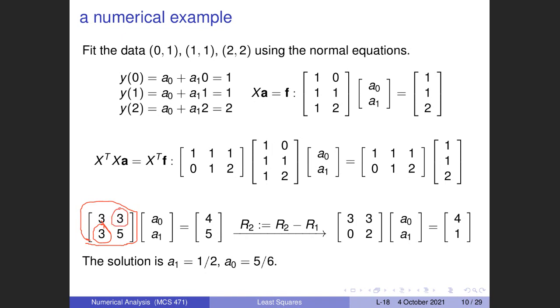It looks like a coincidence, but that is a general property. Remember the lecture on positive definite matrices and the Cholesky decomposition. Here I'm doing only one row reduction because I'm interested in the solution, but if you were interested in the LU decomposition, then you would do a Cholesky factorization.